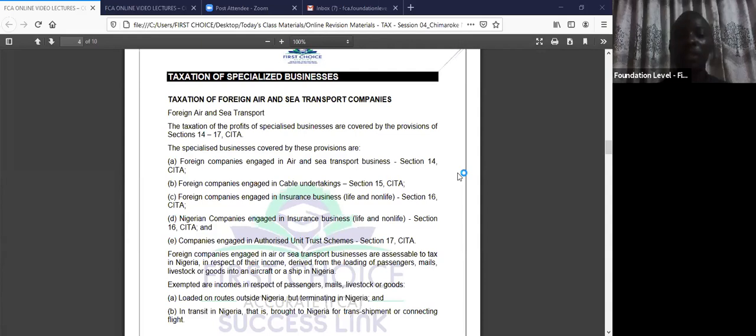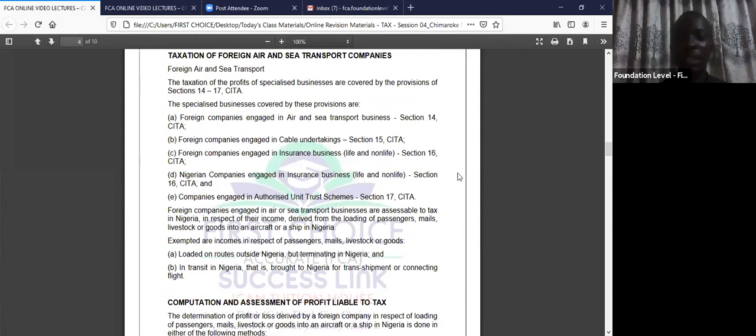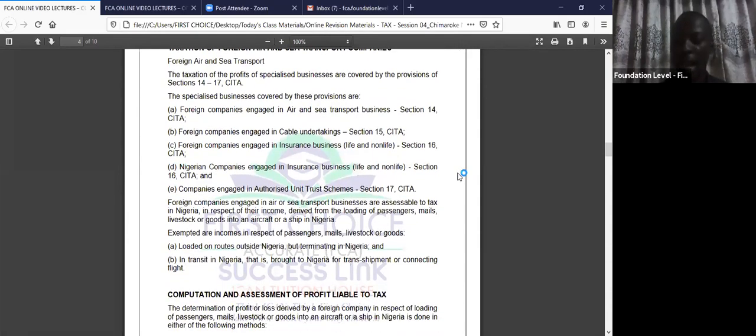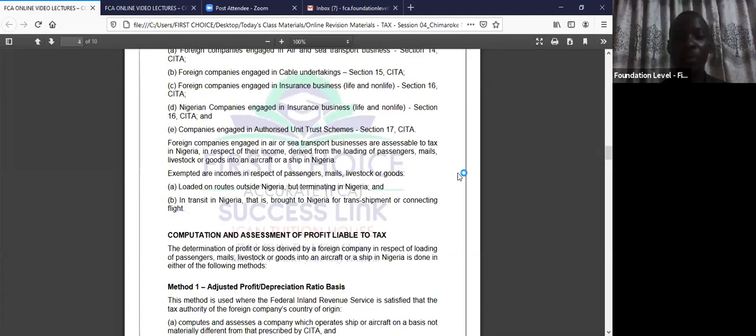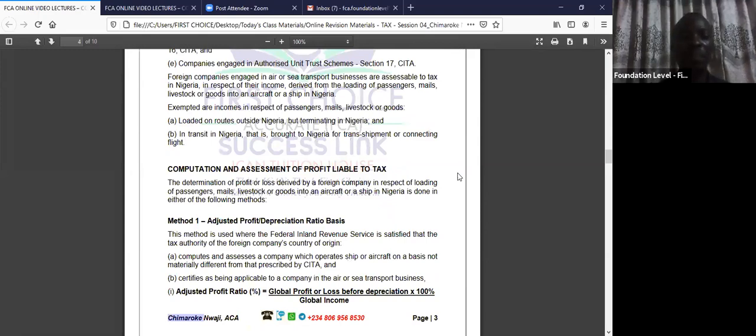Now, when we talk about specialized businesses, we'll look at how we compute their tax. What is the basis of assessing tax? Of course, since they're under company income tax, it's assessed on preceding year basis.